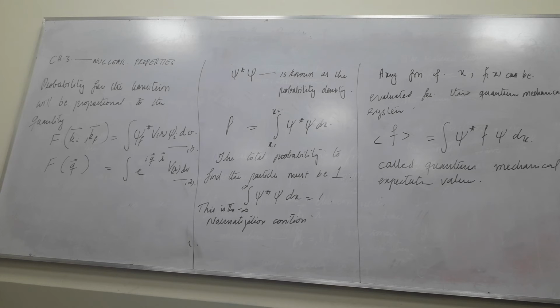So, let us choose the normalization constant such that F0 is equal to 1, then Q is equal to Ki minus Kf. And what does this represent?